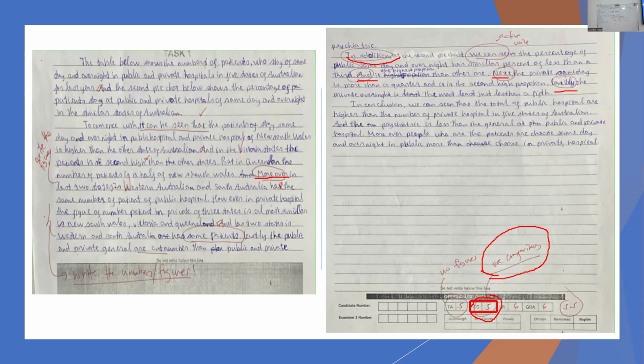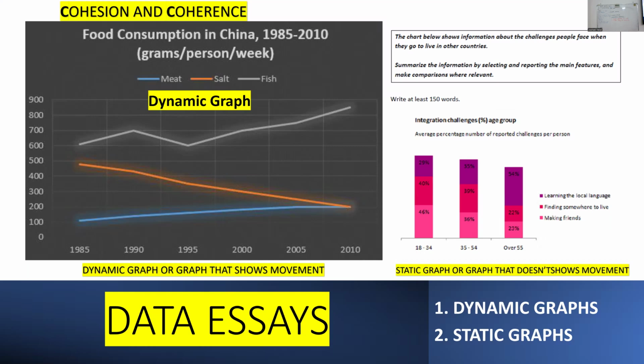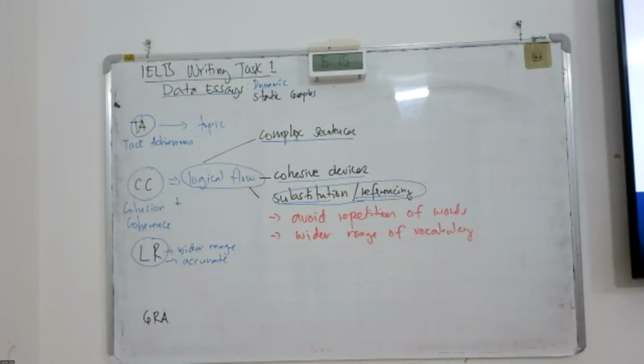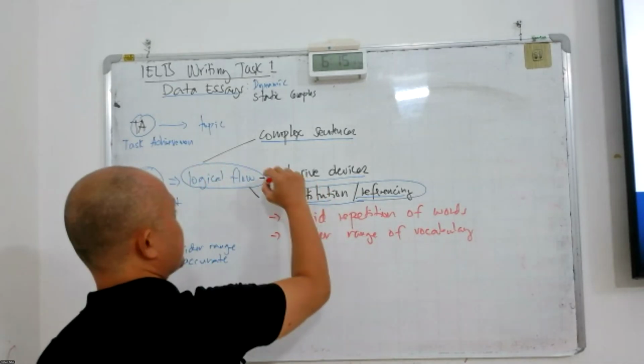Why is that? If you check the task here, the task in data essay is to summarize the information by selecting and reporting the main features and make comparisons where relevant. So the main task in data essay is to make comparisons relevant. That is why there are cohesive devices.